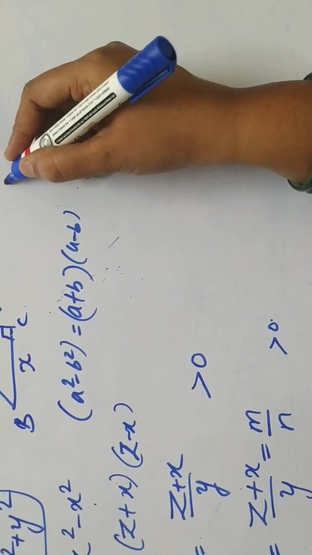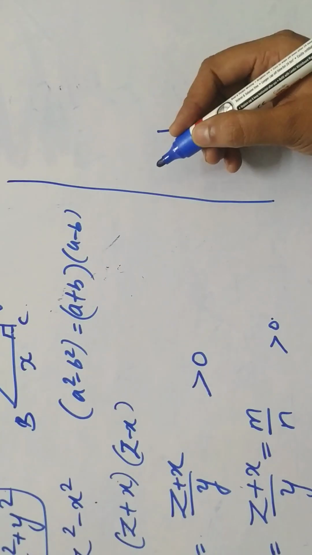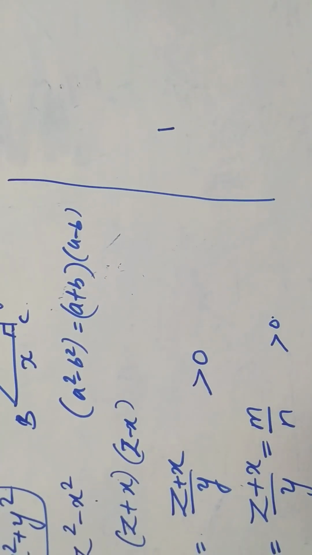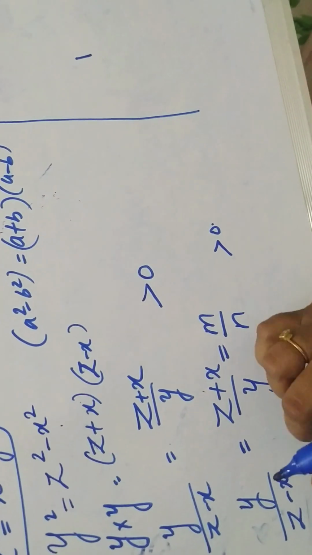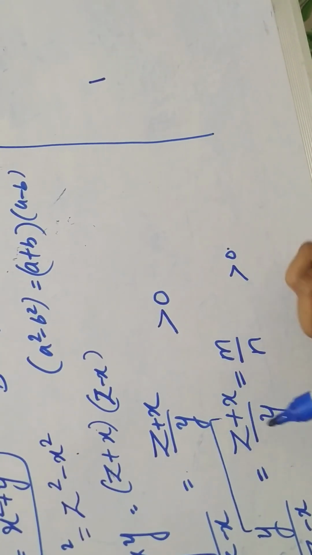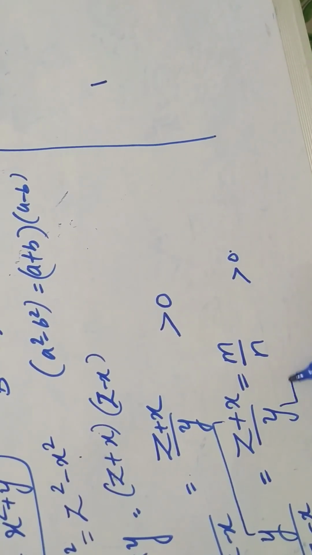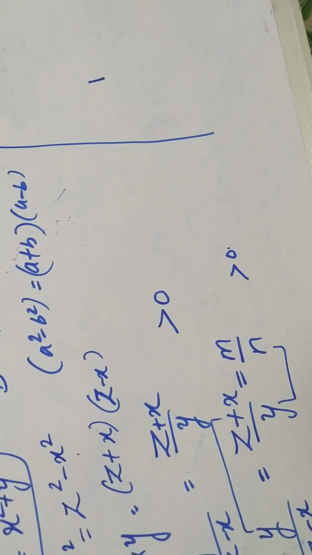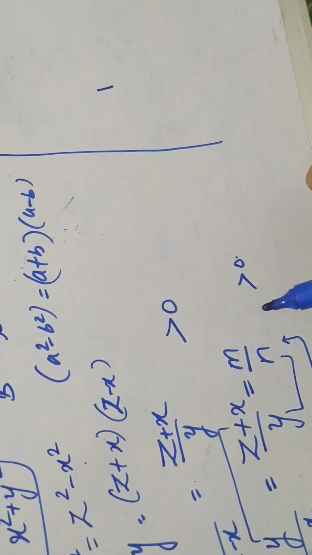So further simplification. You can see here the first two terms will be equal, second and third will be equal, which implies the first and third term can also be equal.